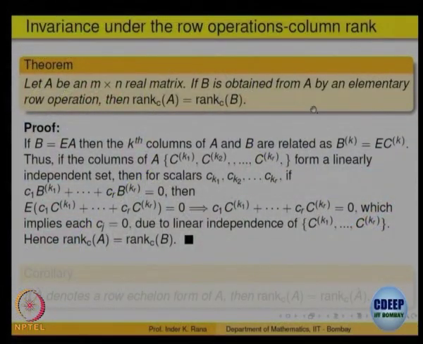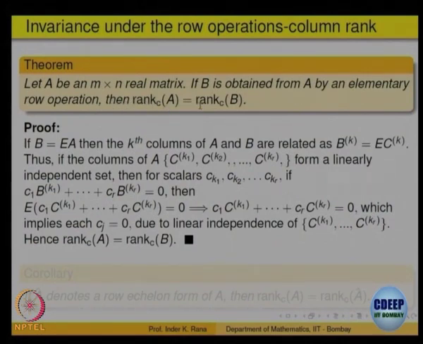So what does that mean? That means the column space of A is the same as the column space of the transformed matrix, right, independence is not going to change. So that precisely says that the column space of A is the same as the column space of B if it is obtained from A by an elementary row operation.